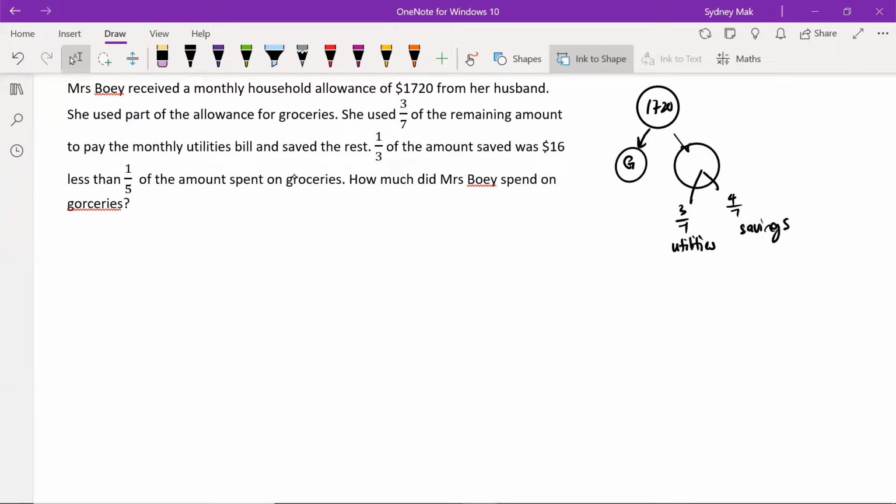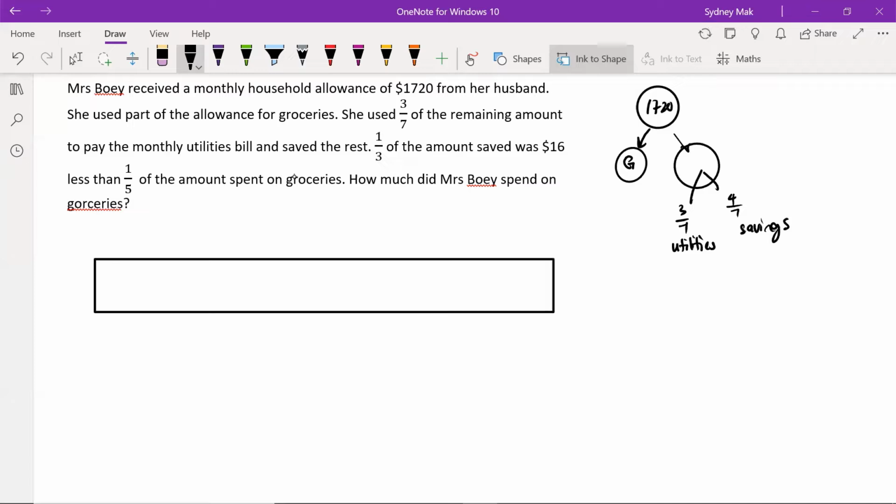So let's use the block model to solve this. Let's just draw the block, to represent the amount of allowance received. Let's divide the block into 2 portions. One portion is for the groceries. Another portion we have to divide into 7 parts.